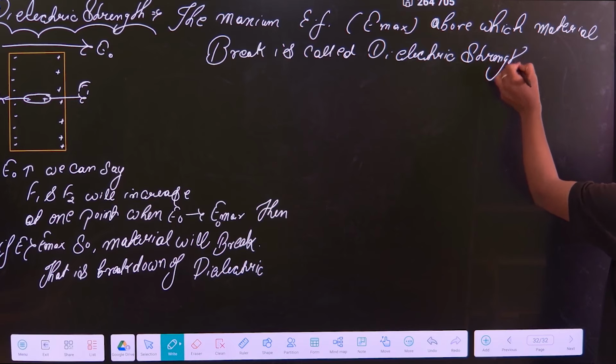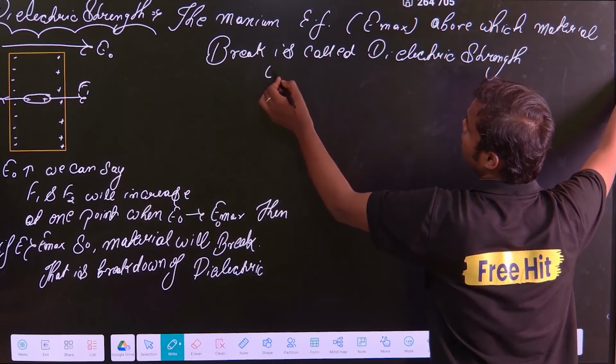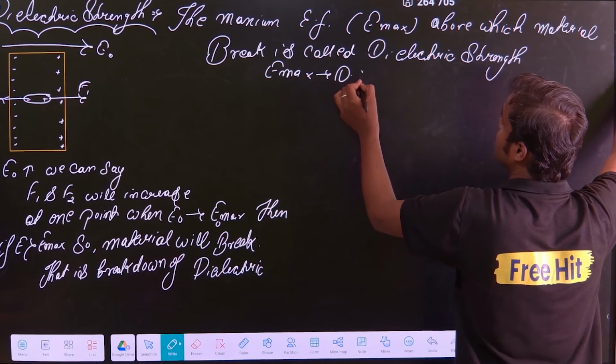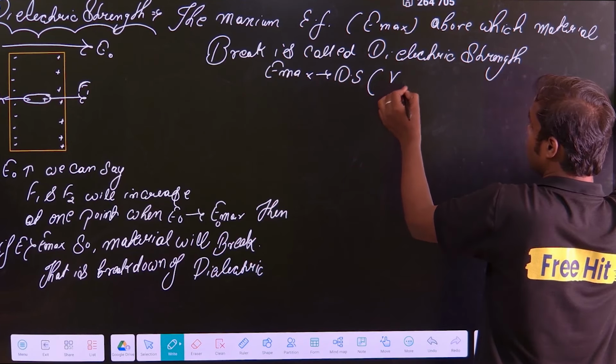That E max is our dielectric strength. The unit is simply volt per meter.